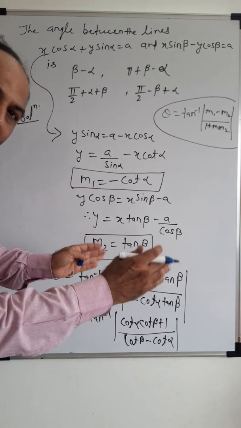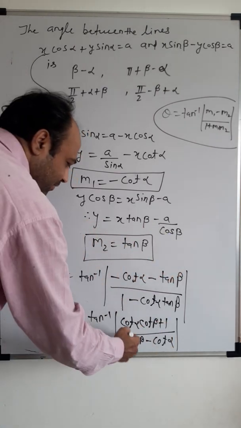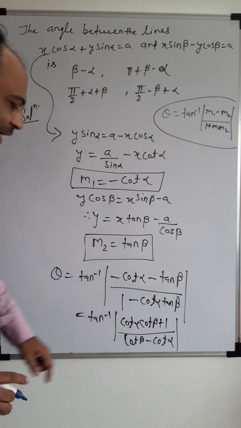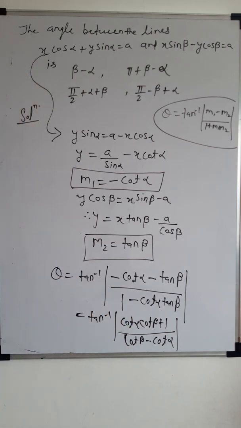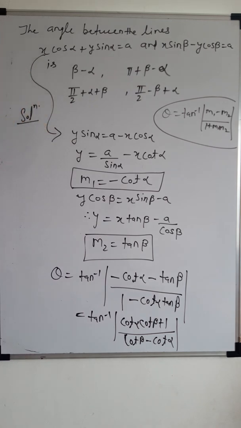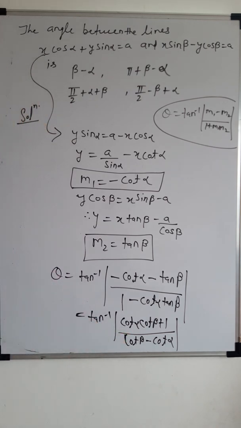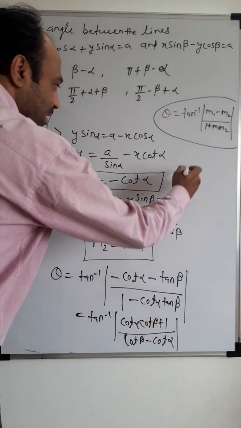Minus we take common, and mod of minus 1 becomes 1, so positive it came. Now this is the formula of what? Cot A cot B plus 1 upon cot B minus cot A. This is nothing but cot of A minus B. This is the formula of cot of alpha minus beta.